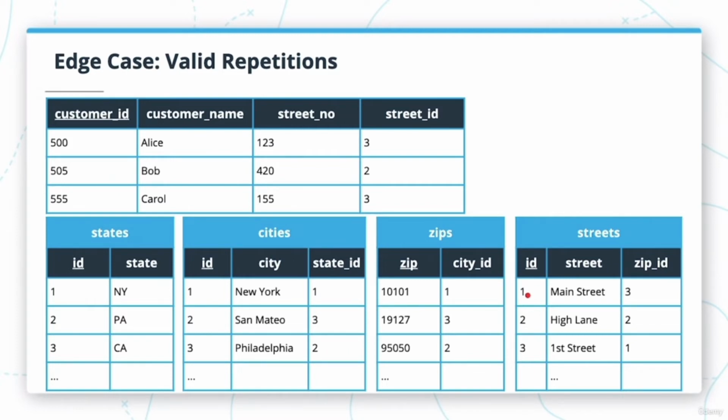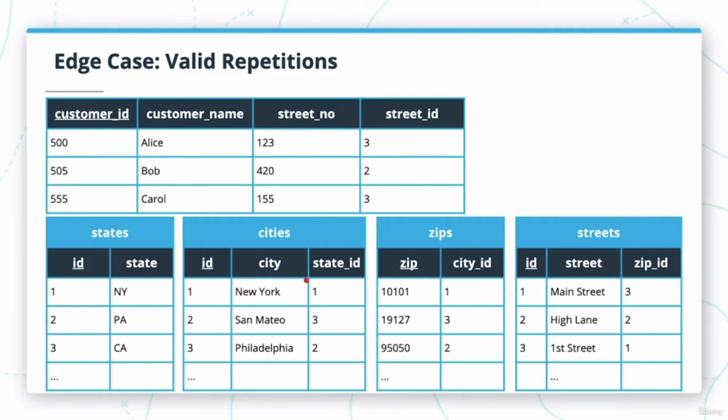That street ID number 3 is Main Street, which has zip code number 3. And we can see that zip code number 3 is 10101, which belongs to city ID number 1. And then we can jump back to the cities table and see that cities ID number 1 is New York, which belongs to state ID number 1.